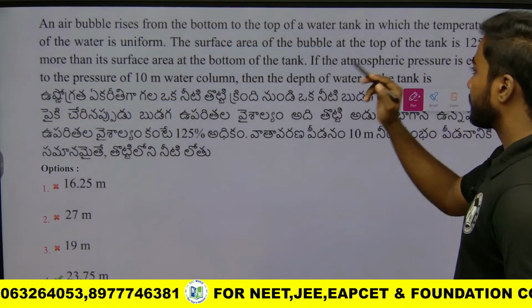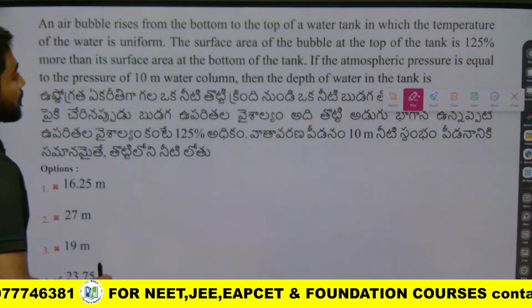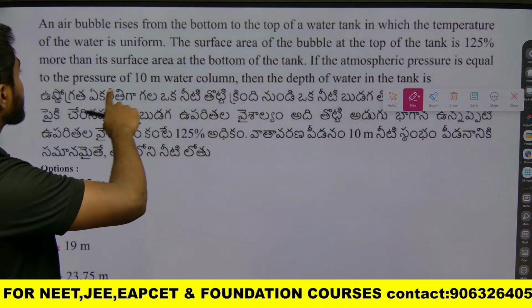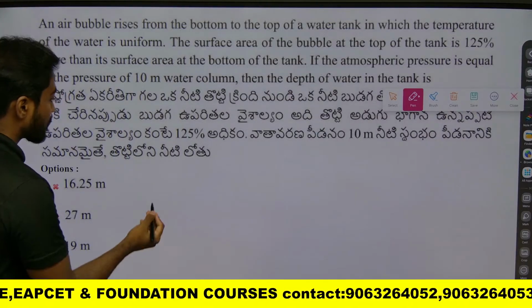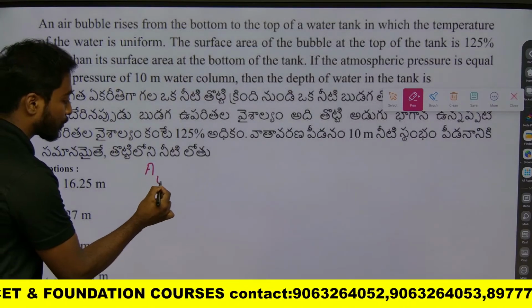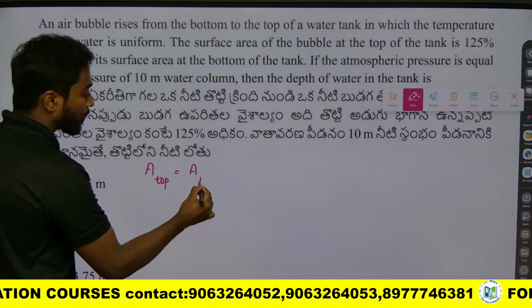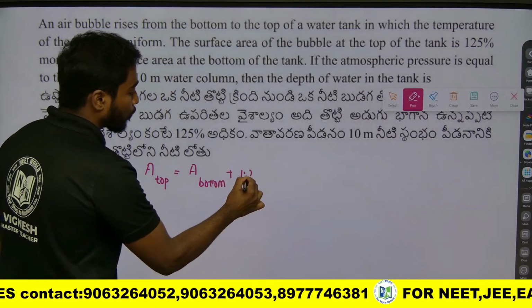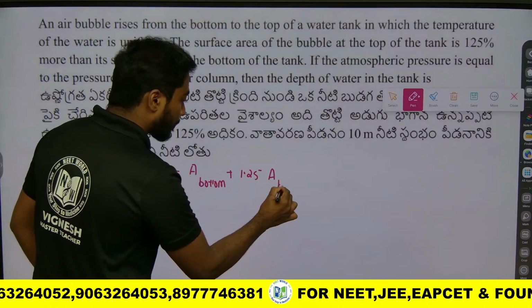Okay, we'll find it. First write it. What are the given terms here? The surface area of the bubble at the top of the tank is 125% more than its surface area at the bottom, right? So area at top equals area at bottom plus 1.25 times the area at the bottom.